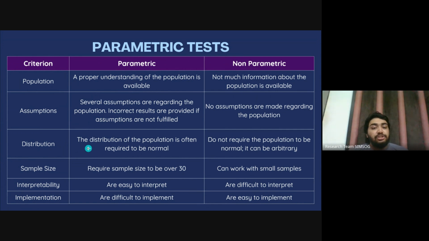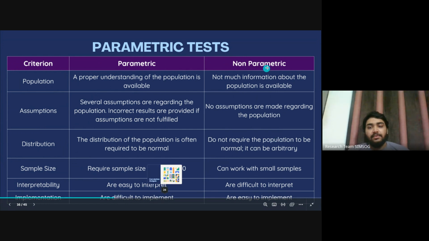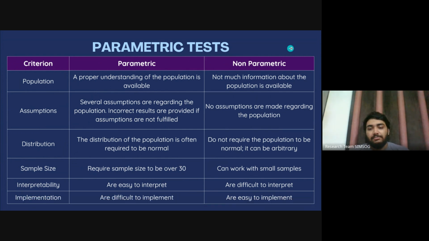The distribution should be normal. The sample size should be large enough. These are the assumptions. But what are the benefits of parametric tests? They're easy to interpret, but the drawback is they're difficult to implement. I'm not talking about non-parametric tests because it's just the opposite of what I'm saying.